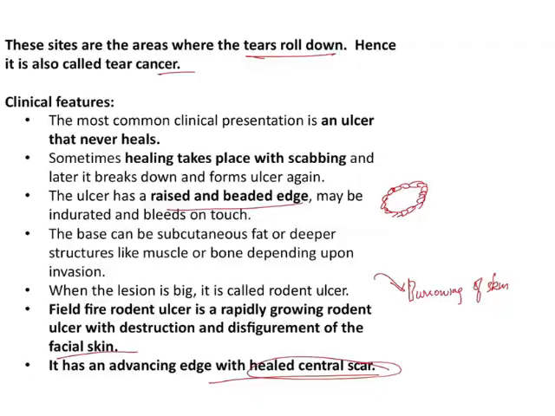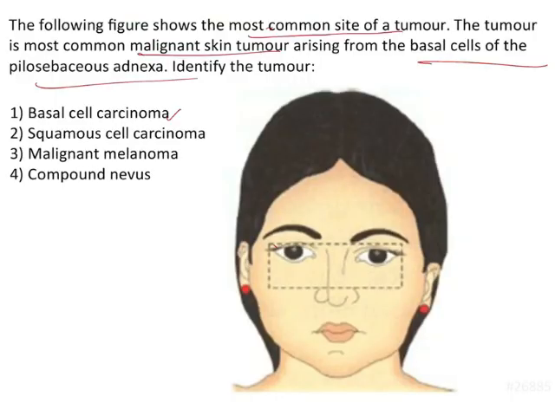Okay. Now, how to identify the answer? They have given an ideal location. See, they have marked the ideal location. So how to eliminate? The other option, SCC, can occur anywhere. They have given most malignant from the basal cells, so we can rule out the SCC.